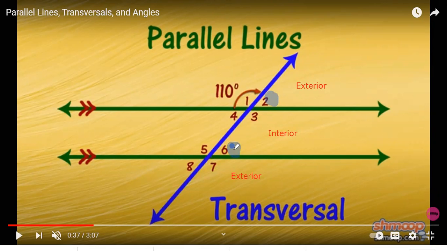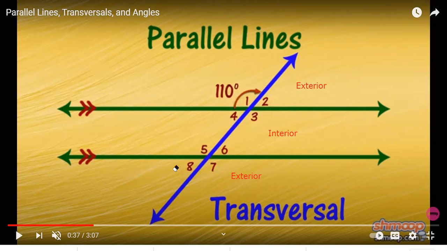So it's a corresponding angle. It's on the same side of the transversal, one up and one down. So we will check together which angles are corresponding, like 2 and 6, 3 and 7, 1 and 5, 4 and 8. So these are corresponding angles.